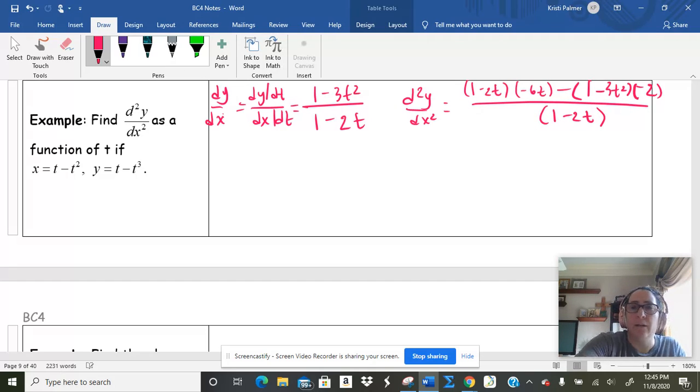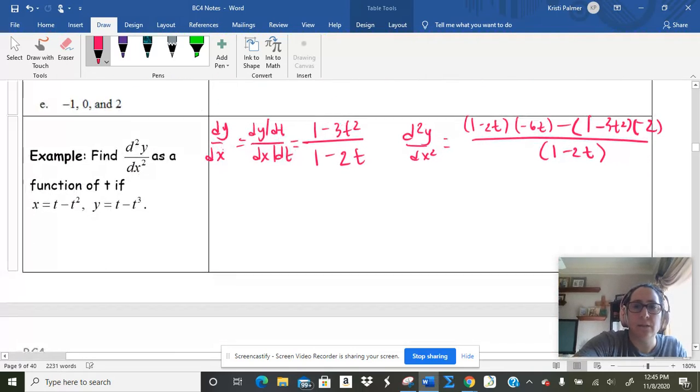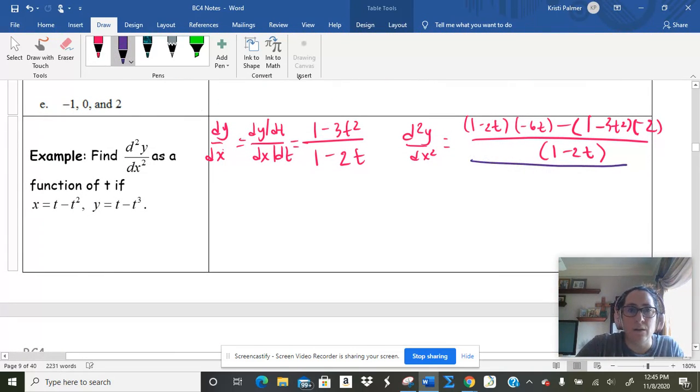So that is just so far that piece. Oh, I think I forgot to say low low, sorry. I still have to remember to divide by that dx dt piece.